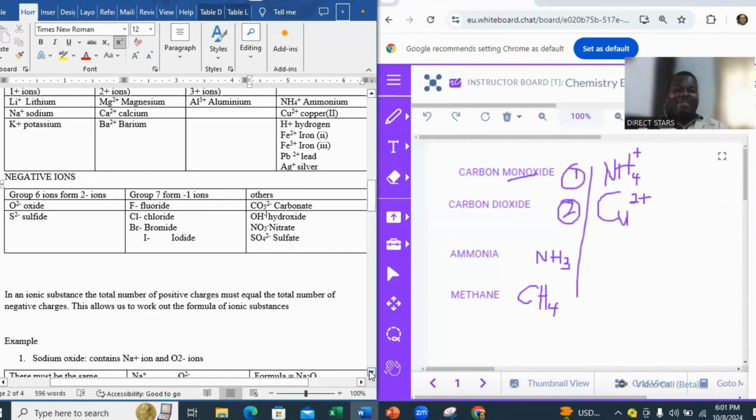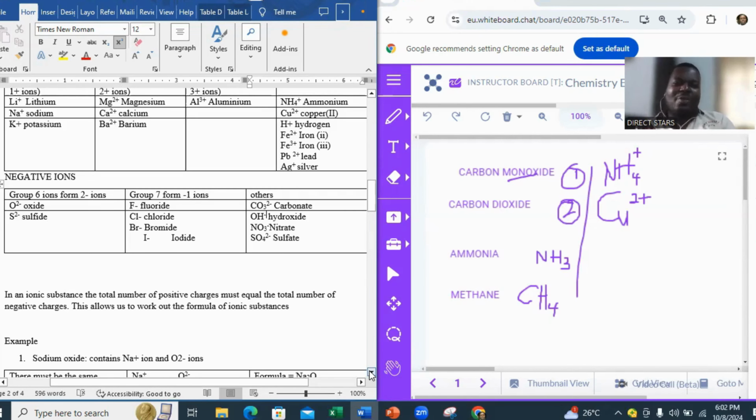Same principle applies to group 6: their charge is -2. The reason is they require 2 electrons to achieve octet structure, to be stable. The same principle applies to 7. So if 6 requires 2 to reach octet, 7 will require 1 to reach octet. You would recall all that. So we'll be applying all these in the writing of formulas.